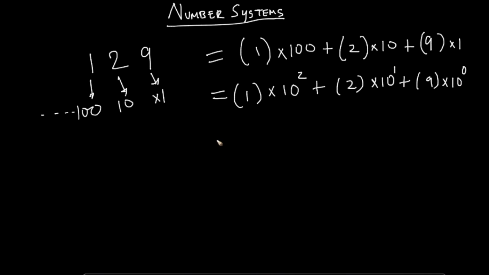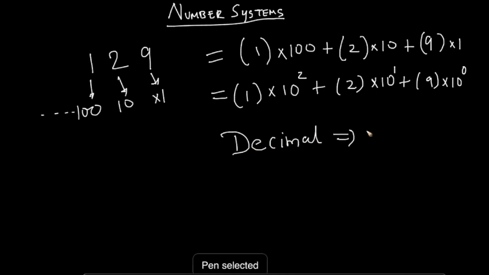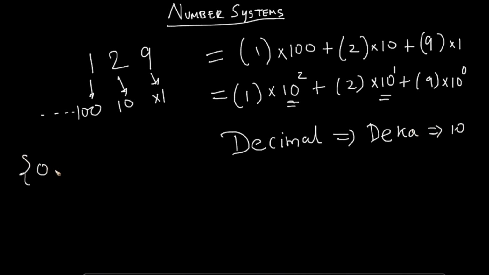This form of representing the numbers, wherein we have weights in the powers of 10, is called the decimal number system, which comes from the Greek word deca, which means 10. So in our daily life, when we use 10 digits from 0 to 9, it becomes convenient for us to use a number system with powers of 10.